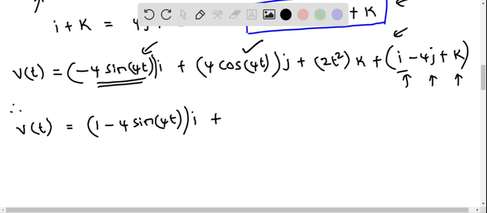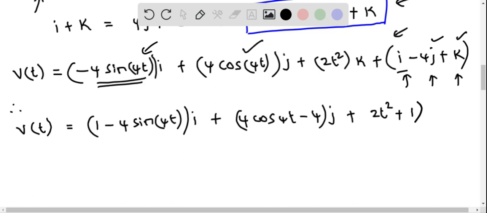Plus, when we combine this j component with this j component, we get 4 cos 4t minus 4, and this is the j component. Plus 2t squared plus the k component is 1 here, so we add 1 and write it like this. So this is the complete velocity vector.